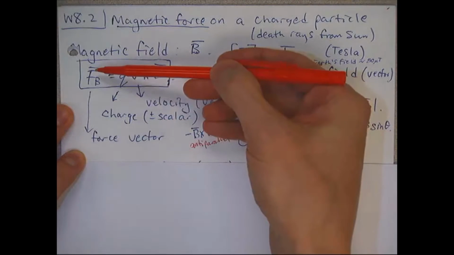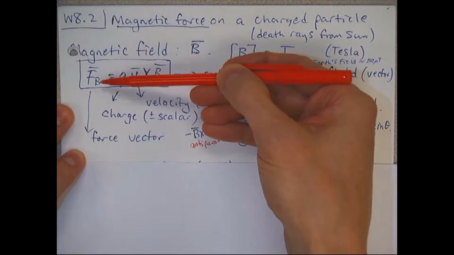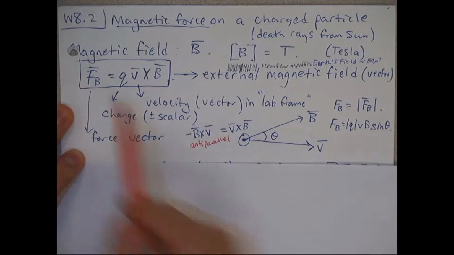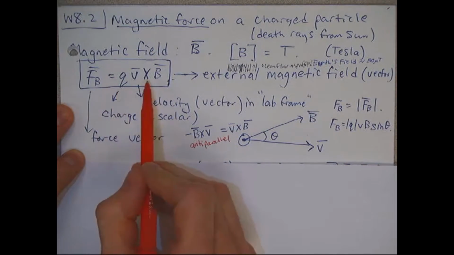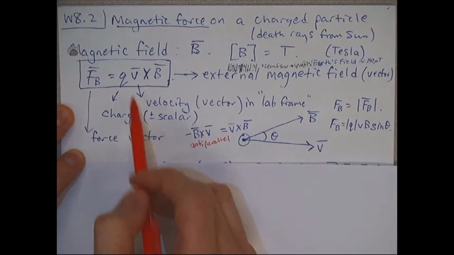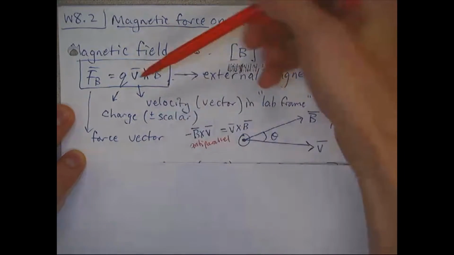That force, which we'll label FB to distinguish it from the FE electric force, is a vector. It is the vector product of the charge Q. You must include your plus or minus signs.